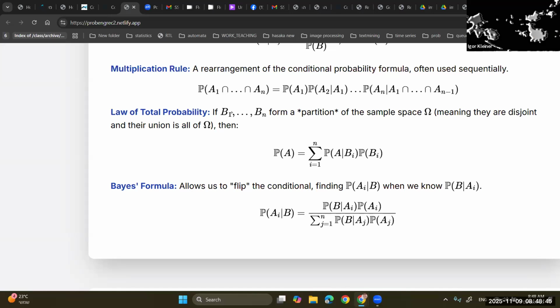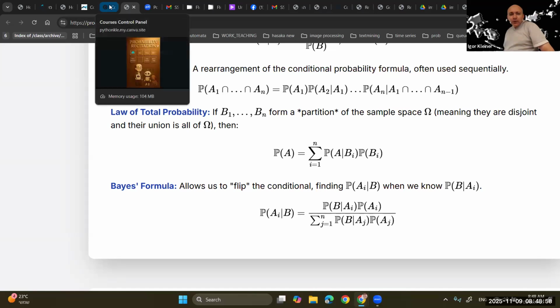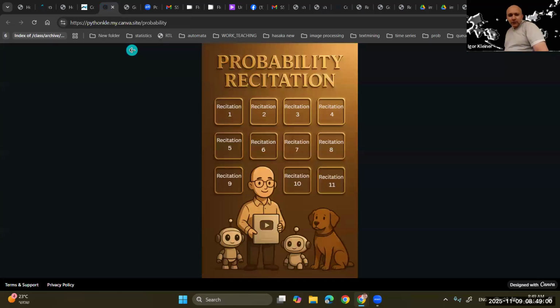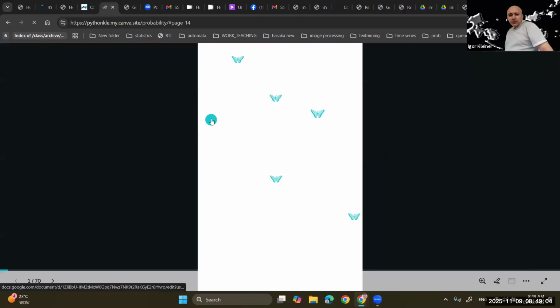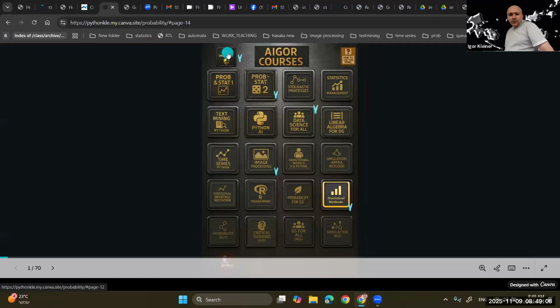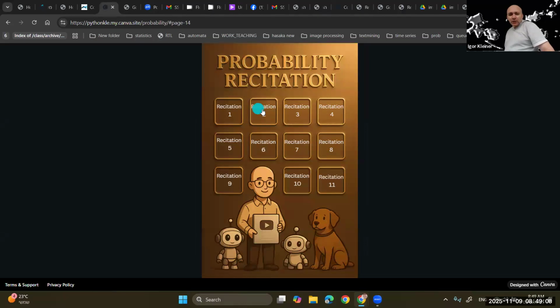Before we start, any questions? Can't find the slides. If you go on the page, you see probability recitation, recitation 1, 2, 3, 4, right? Click on recitation 2, slides. It just takes me to a different page. No, it has too many slides. Just a moment.